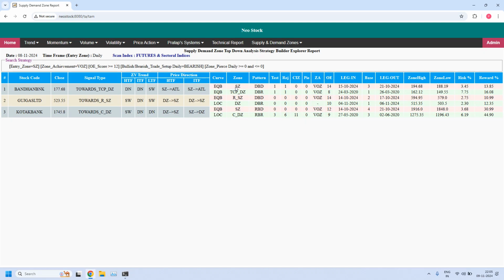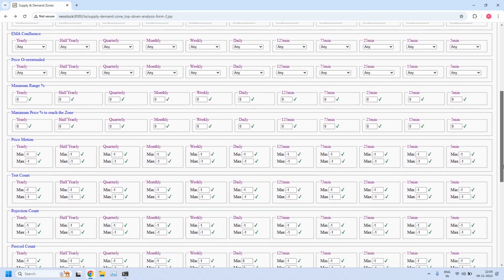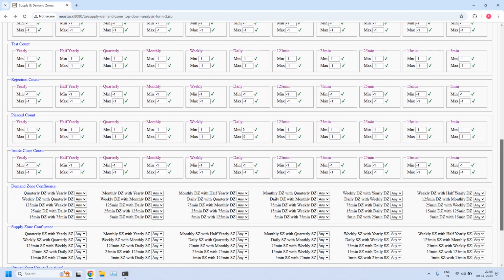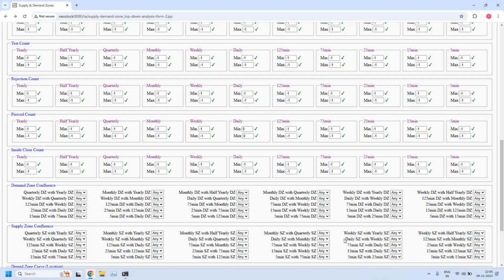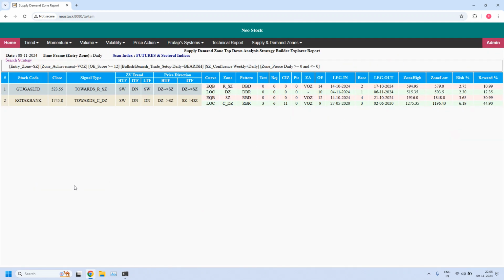Let us filter based on the LTF and ITF supply zone confluence. So in the supply zone confluence, daily supply zone with weekly supply zone confluence. Daily is LTF, weekly is ITF. LTF, ITF supply zone confluence, that is daily, weekly. 2 stocks are filtered out of 3. In both these stocks, these daily supply zones are part of the weekly supply zones.